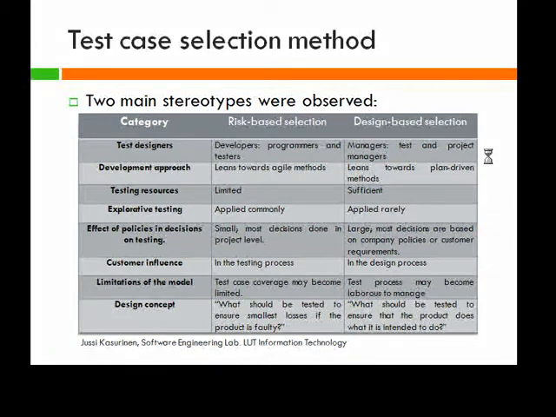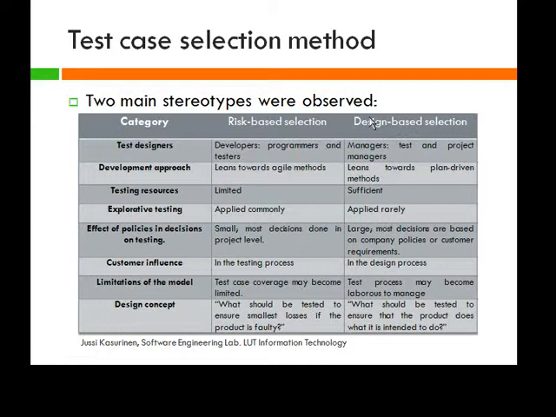This is interesting mostly because in risk-based selection, the customer influence is in the testing process at the latter part of the development, whereas in the other approach it's in the design, meaning that the customer actually has a lot of influence on how the software is designed. And of course, there are some other influences, meaning that the design-based approach is closer to the traditional approach.